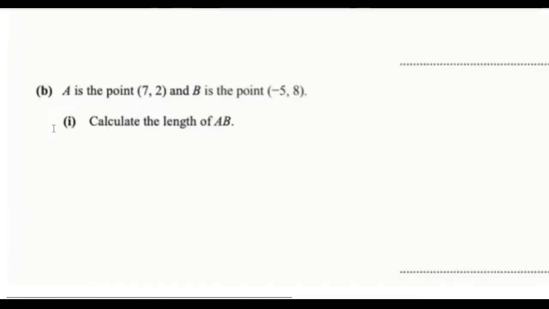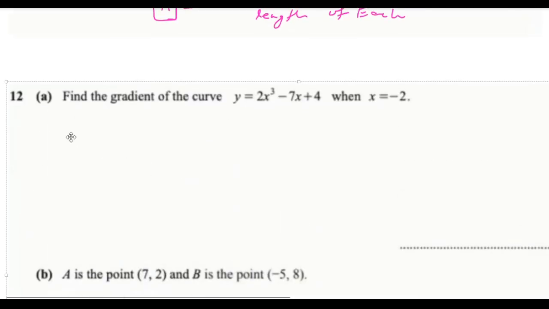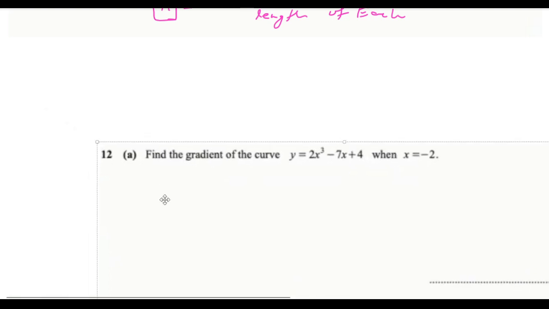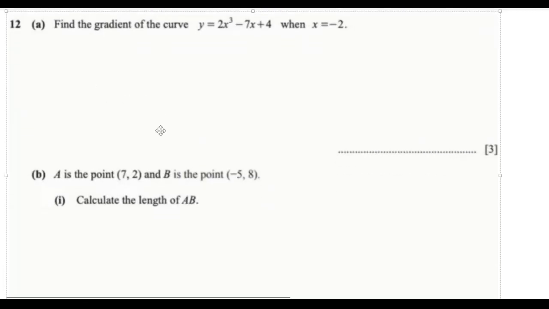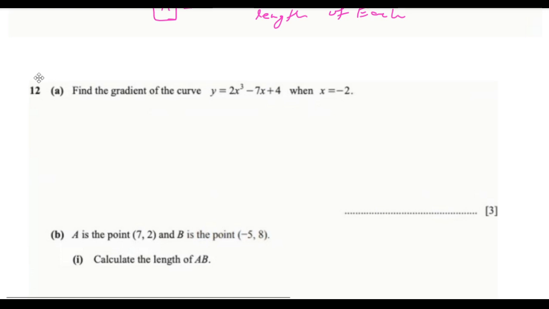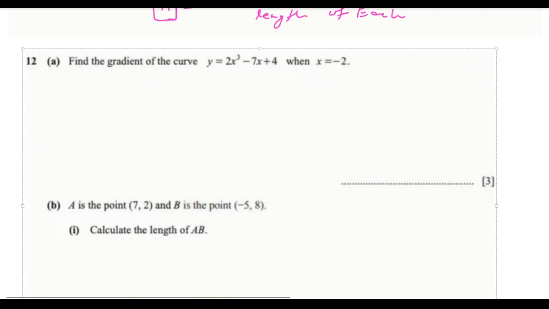Okay. Fine. So this is question number 12. Question number 12 is find the gradient of the curve at x equals -2. I'll solve both the parts. So for the gradient I will find the derivative. It's 6x² minus 7.